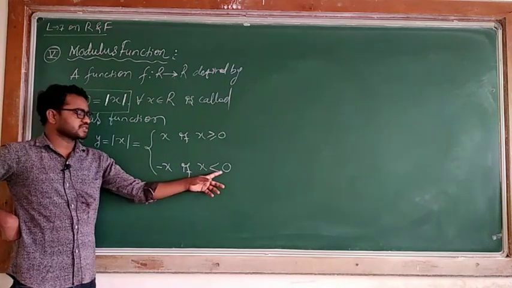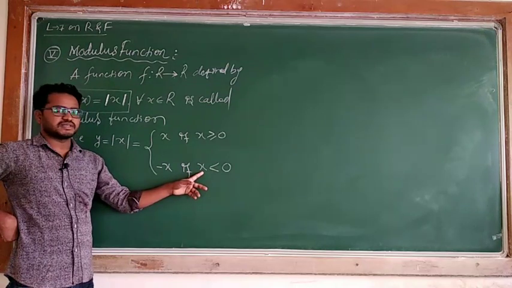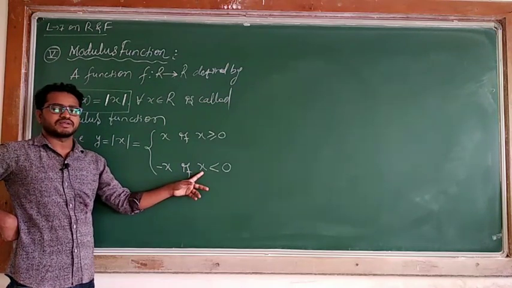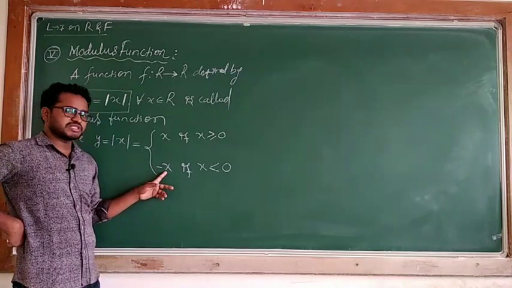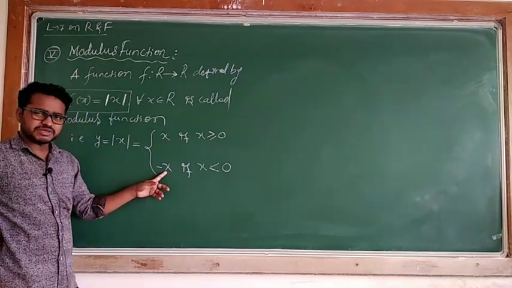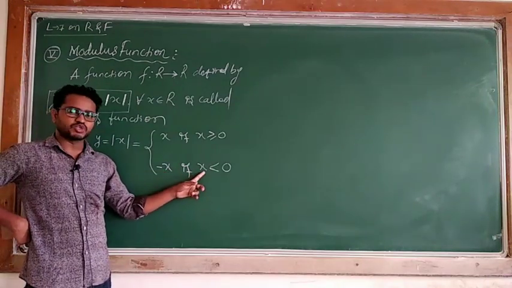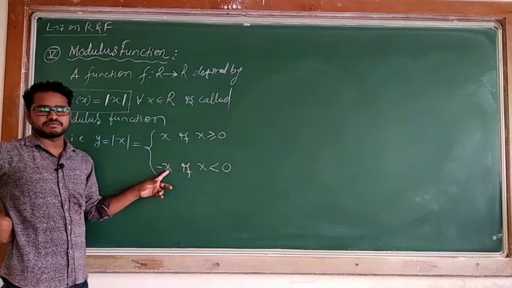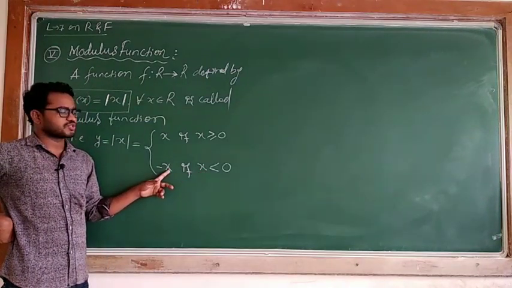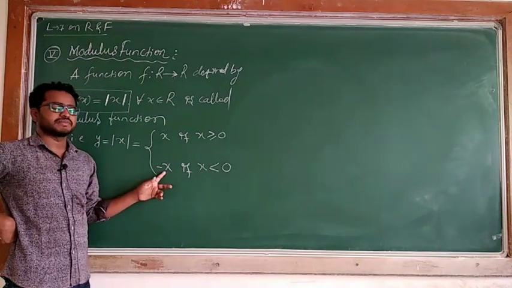If x is less than 0, in that case it is minus x. What does it mean? If x is minus 1, which is less than 0, then minus of the minus gives you plus 1. If x is minus 2, here minus of the minus 2 is plus 2. X is minus 3, minus of the minus gives plus 3.